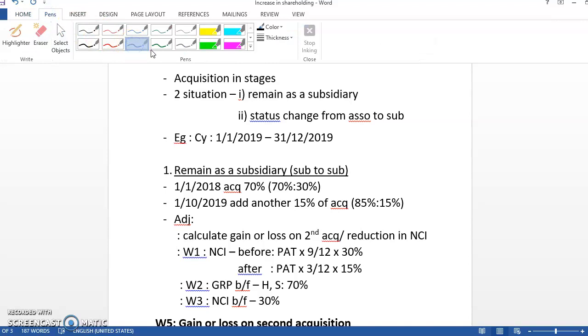Okay, now we try to look at the diagram or the timeline. I just show you the timeline here. Just now I mentioned that your current accounting period is 1st January 2019 and ended 31st December 2019.